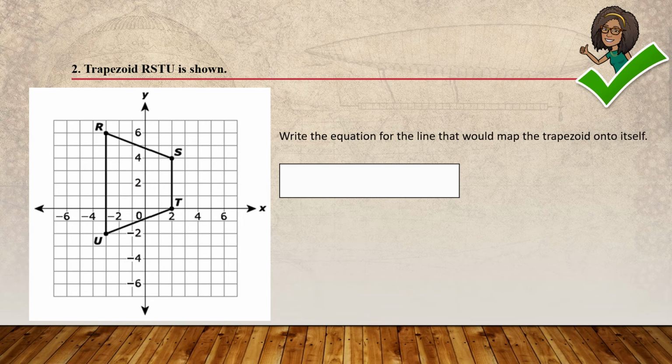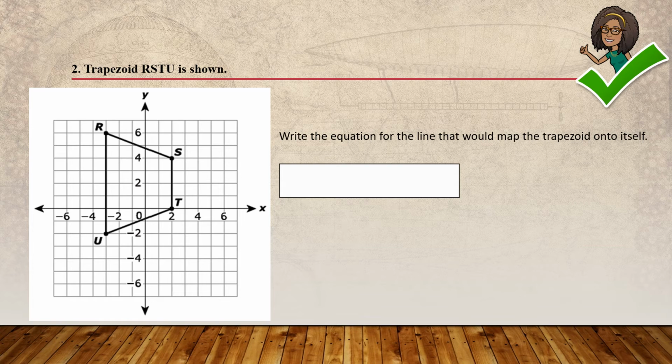All right, number 2 says we have trapezoid RSTU shown in the coordinate plane, and we want to write an equation for the line that would map the trapezoid onto itself. So remember, this would now be reflectional symmetry or line symmetry, meaning that I can draw a line at some point in this trapezoid, and when I fold that trapezoid across that line, it would map itself onto itself.